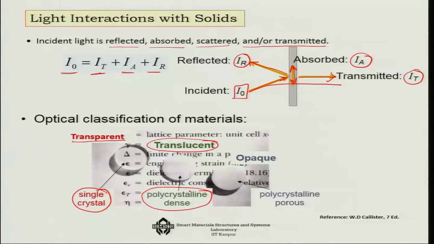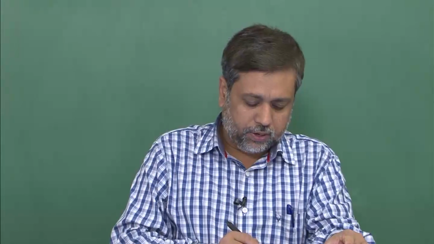And sometimes we say that it is opaque, which means that transmission does not occur. The light is absorbed and maybe partly reflected back, like polycrystalline porous materials. Thus different materials can have different optical properties based on whether they allow the light to pass through, absorb the light, or reflect the light.